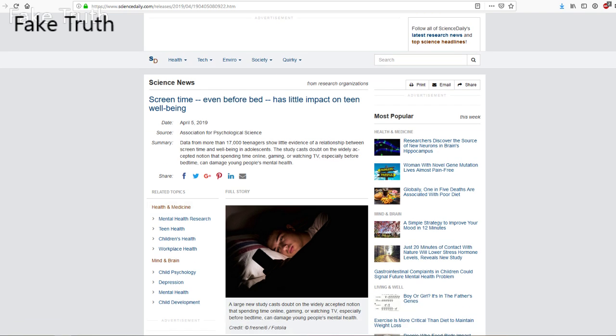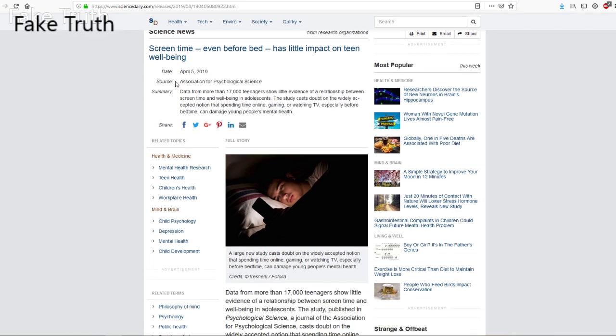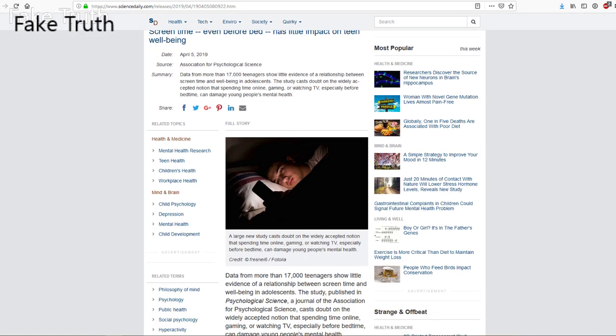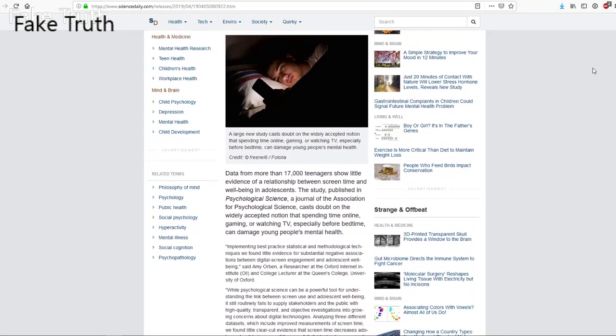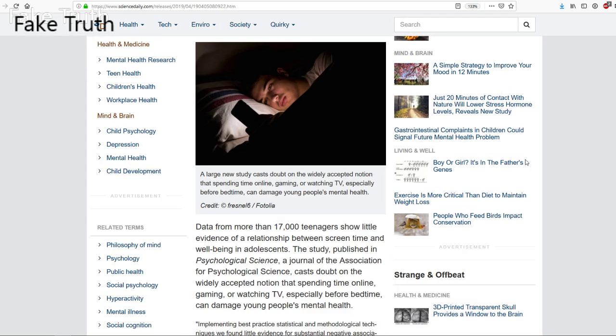How is this even possible? Apparently, screen time, even before bed, has little impact on your well being. All of those things you were worried about, EMF radiation, blue light, circadian rhythms, patterns, all that kind of stuff, you were just being stupid, basically, because they did this big study and they collected data from 17,000 teenagers, right? 17,000.